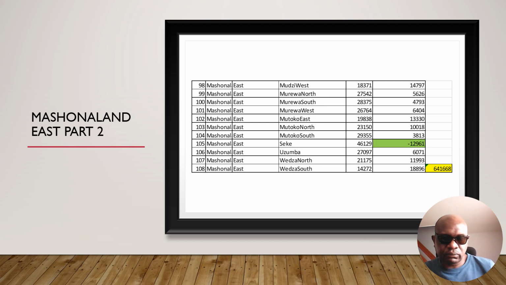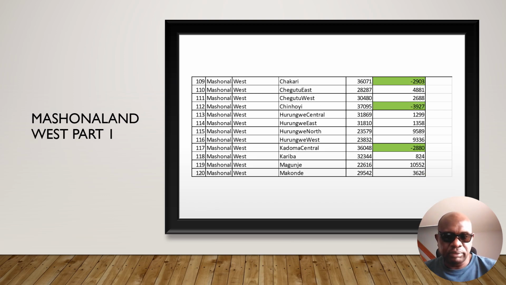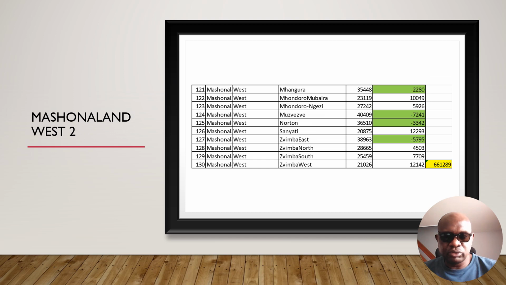Okay. Right, Mashonaland East Part 2 looks clean with only one here in green. Right, here Mashonaland West Part 1 also in green. Not much that I can say about this. Then we come to this as well. Not much of a concern.